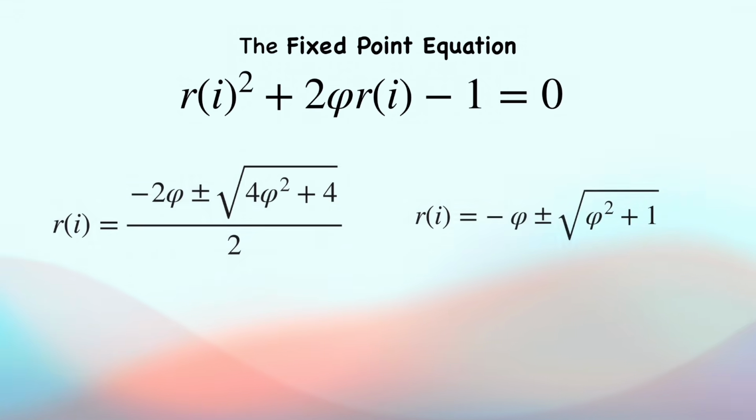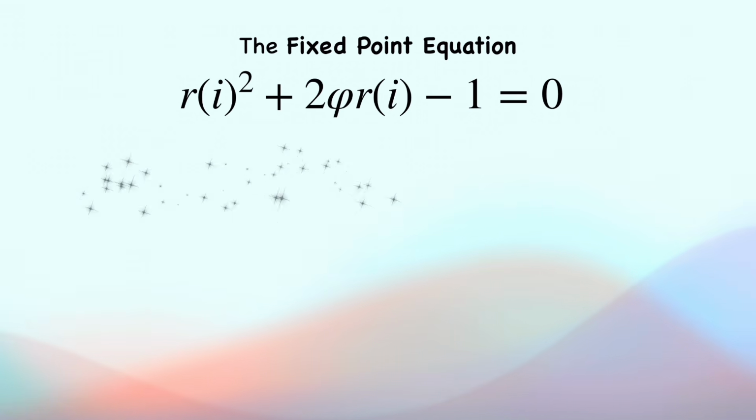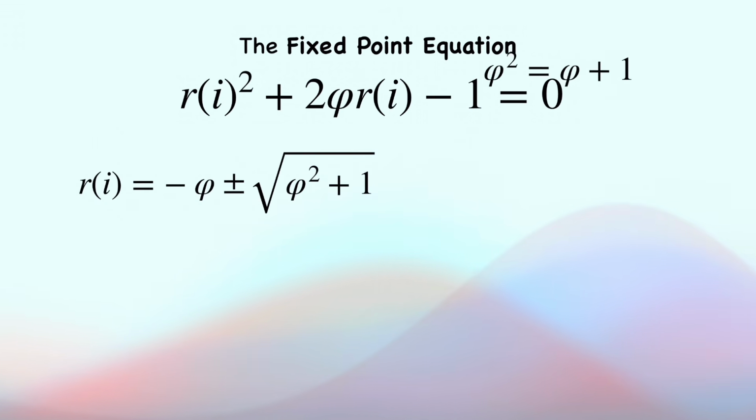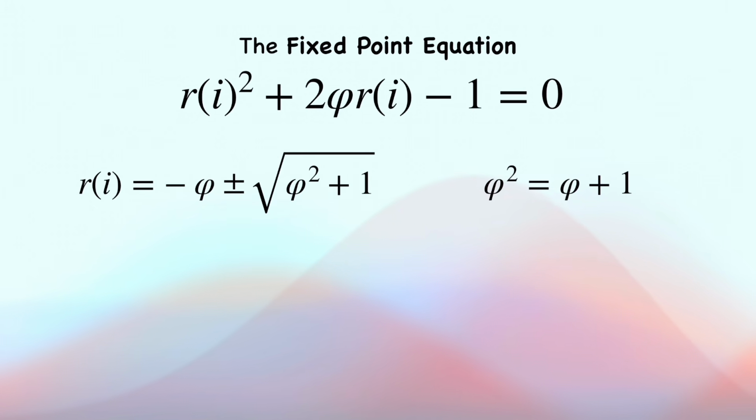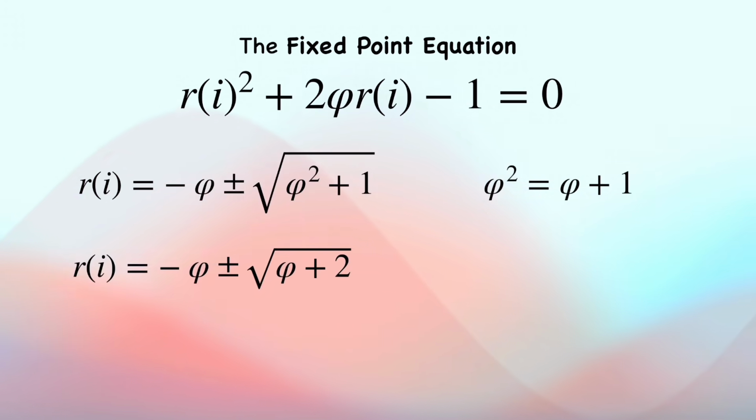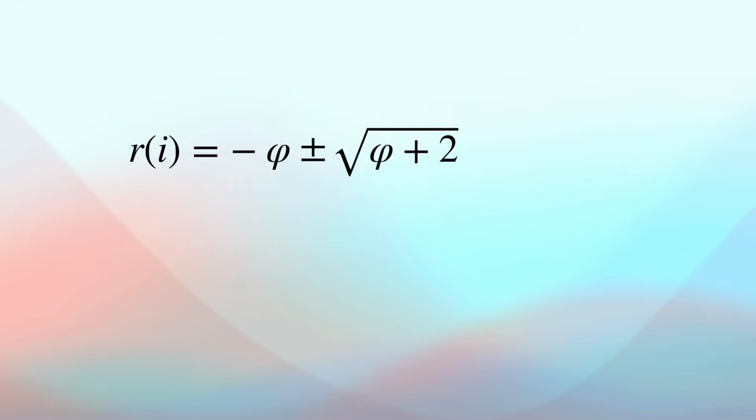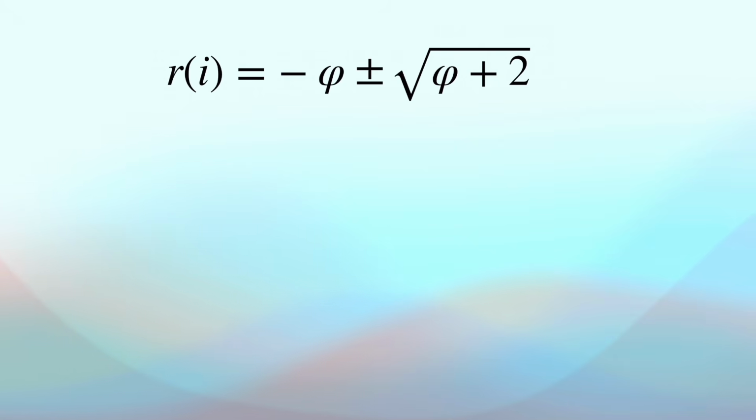Now, because R of I is a positive value, we're interested in its positive root. But we can simplify this expression by also using a property of the golden ratio itself. And thus we can write R of I as negative phi plus or minus the square root of phi plus 2.